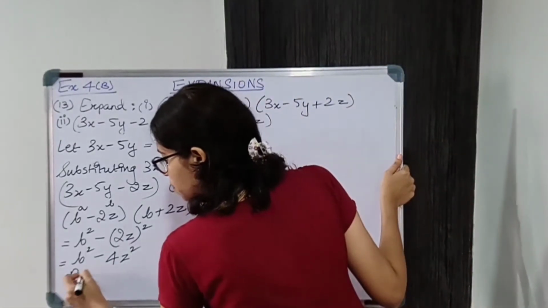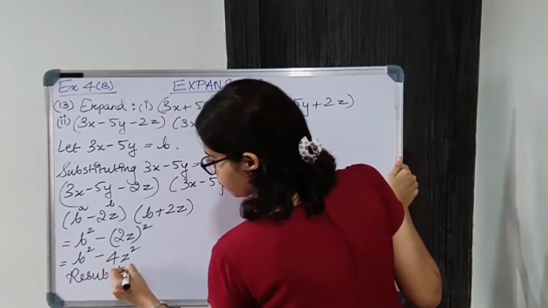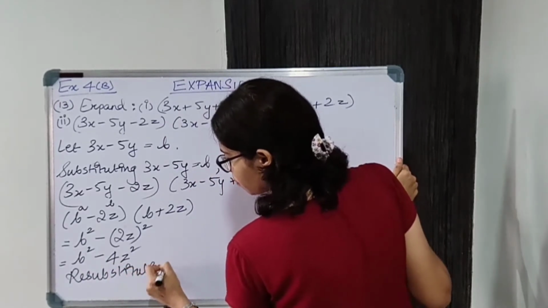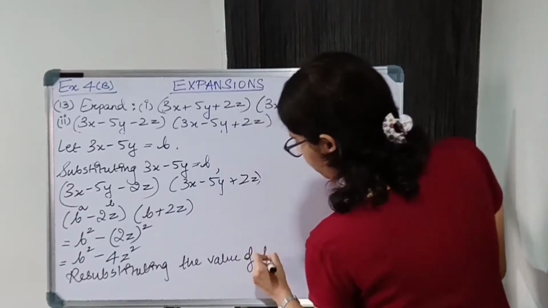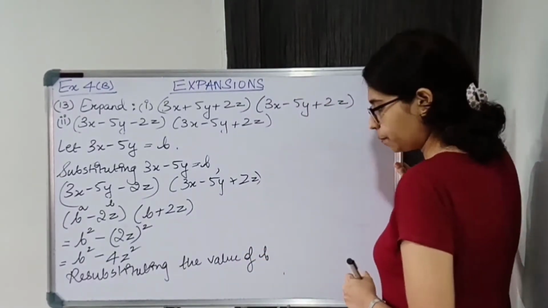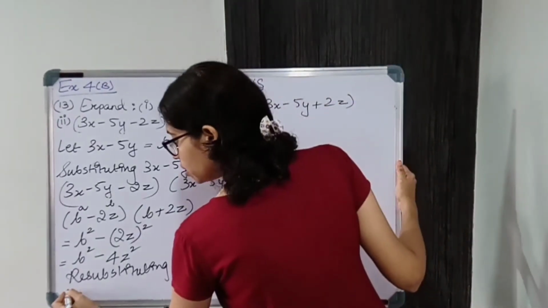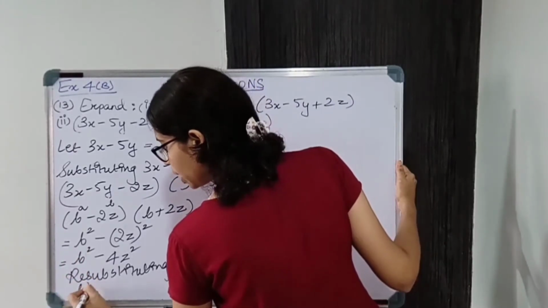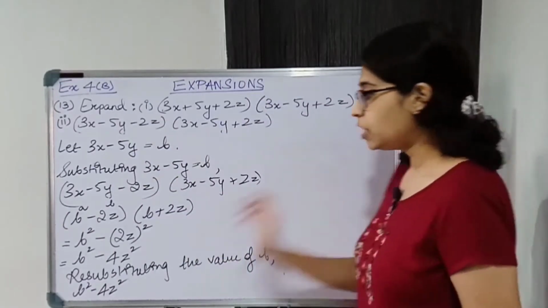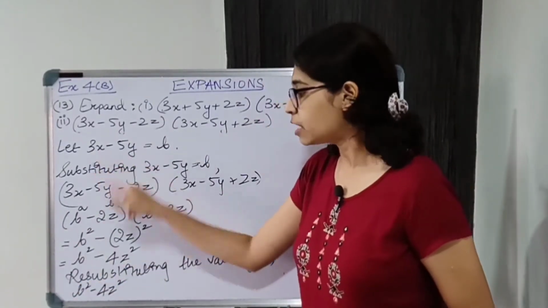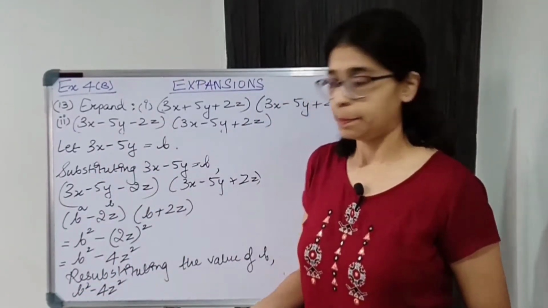So resubstituting the value of b, this will become b square minus 4z square. In next step we will substitute 3x minus 5y in place of b.